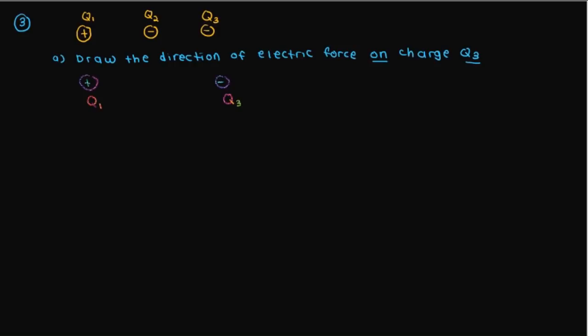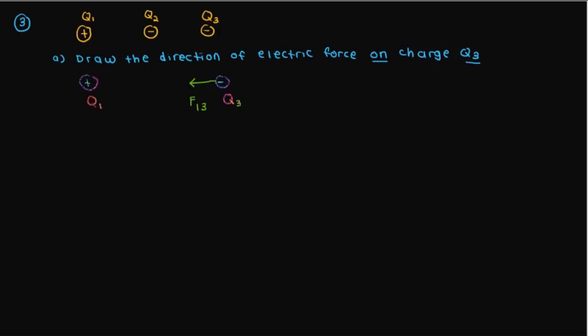It will attract to Q1. So the direction is to the left. And how do we label? F of 1 on charge Q3. So F1,3.